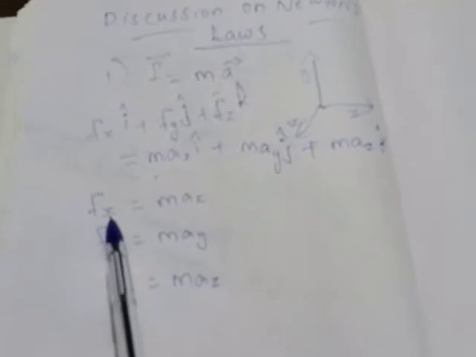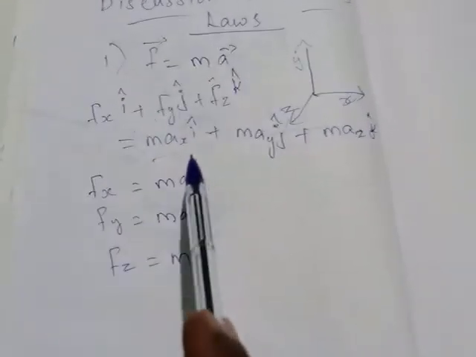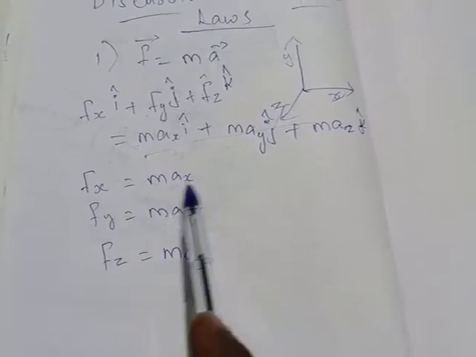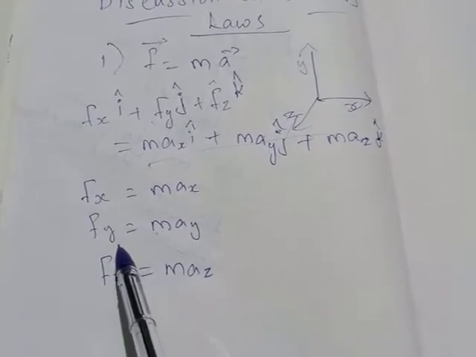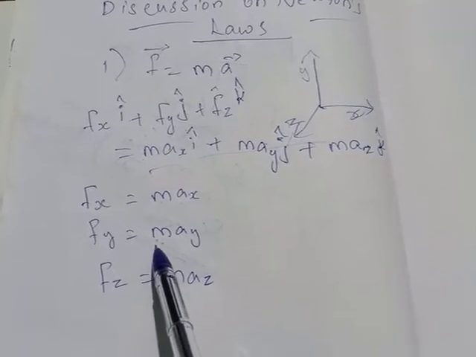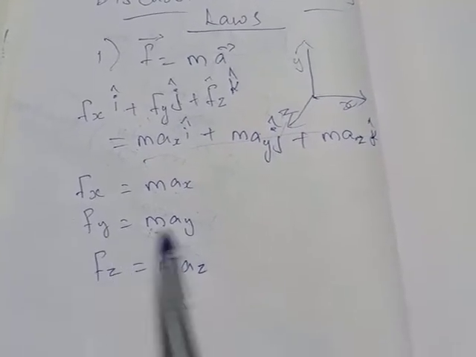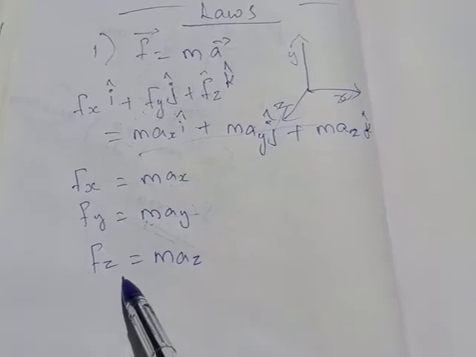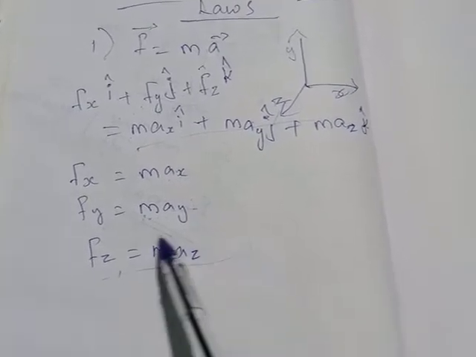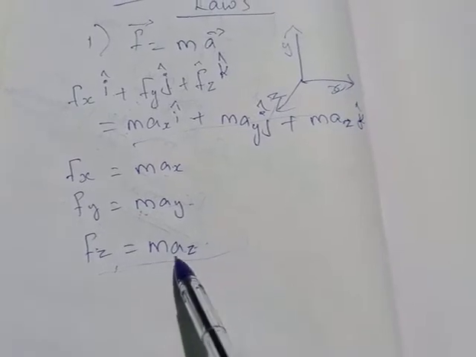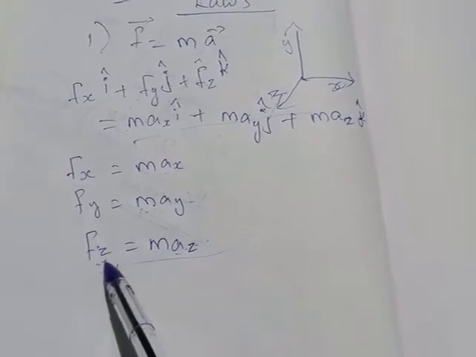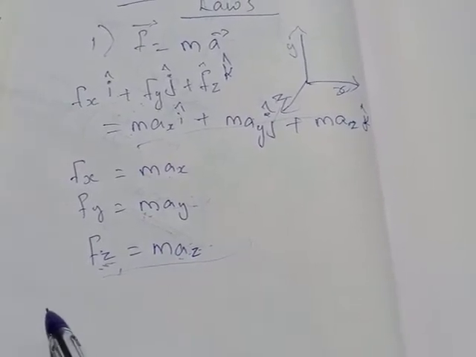Likewise, the acceleration along the y direction depends upon the component of force acting in the y direction, and the acceleration along the z direction depends upon the force acting in the z direction.